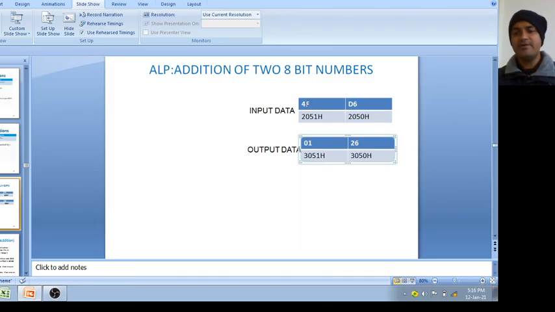Okay. F, 15 plus 6, 21, 21 minus 16, 6, and D 13 plus 1, 14, plus 4, 18, 18 minus 16, 2, and 1 carry. Means after execution of the assembly language program, your microcomputer kit will show the result in 3050 as 26 and 3051 as 0.